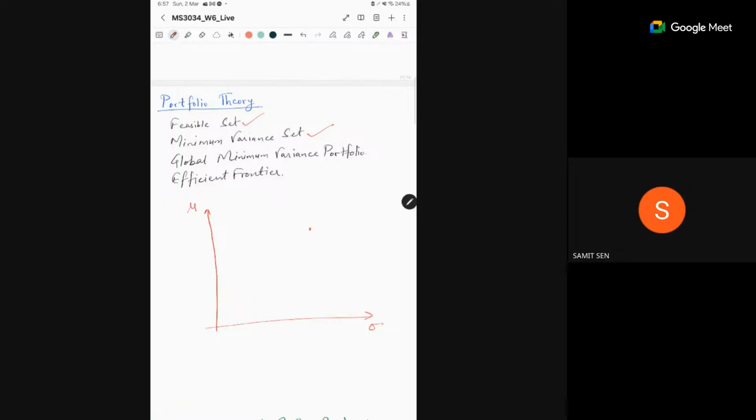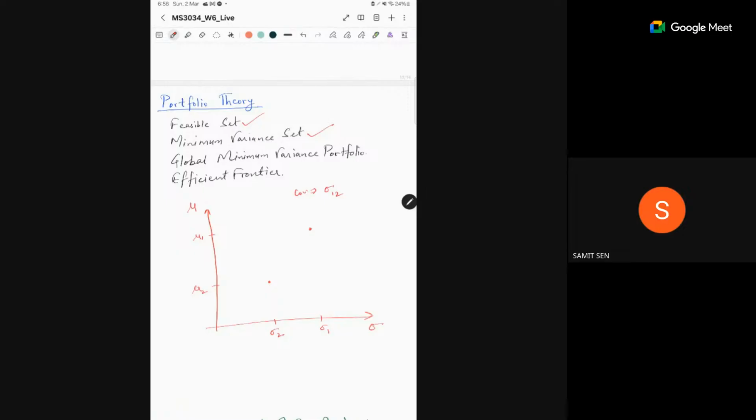One asset has mu1 and sigma1. Another asset has mu2 and sigma2. Now let's suppose sigma12, the covariance between these 2 assets, is given.